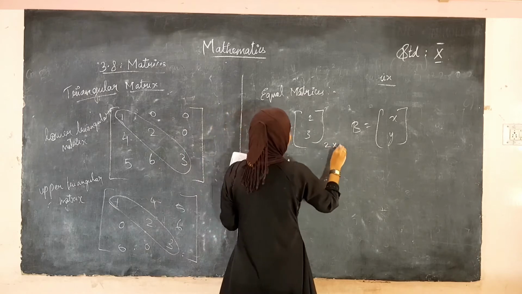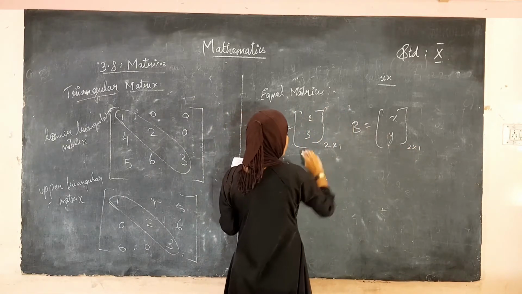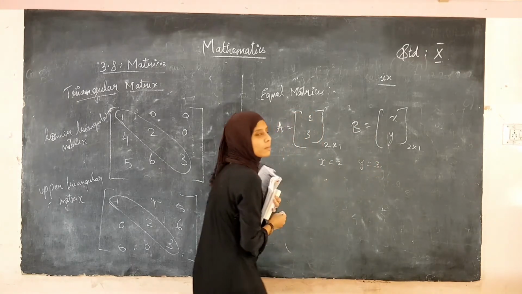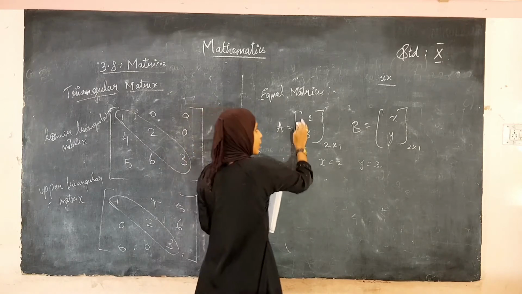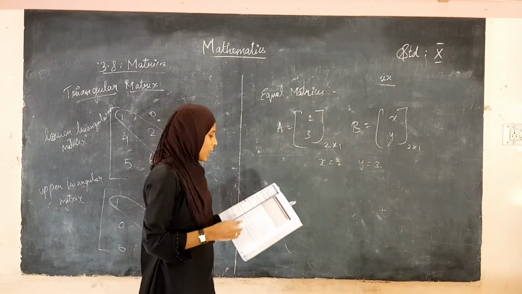This order is 2 cross 1, and this order is also 2 cross 1. Then the elements are also equal: X is equal to 2 and Y is equal to 3. The elements and the order are both equal, so we can say the matrices are equal.